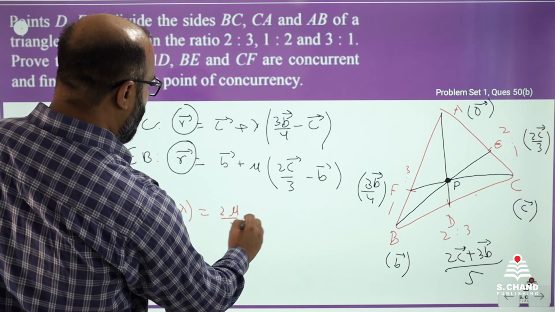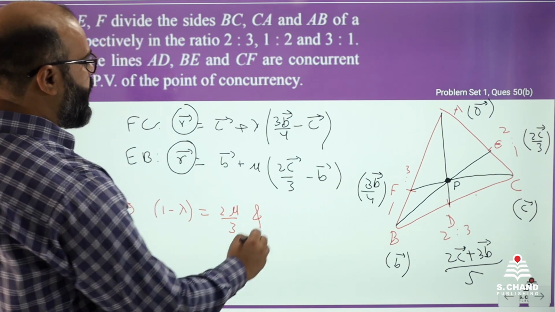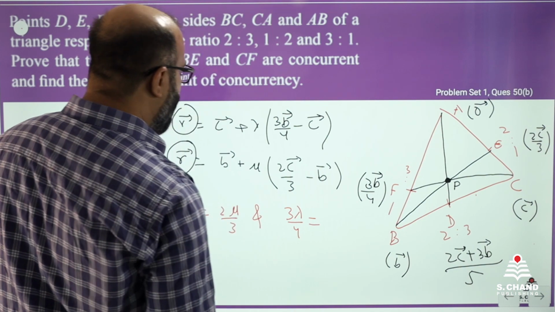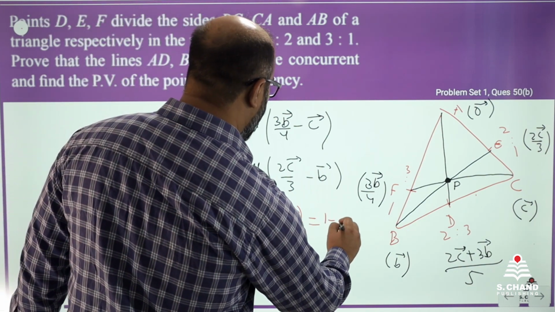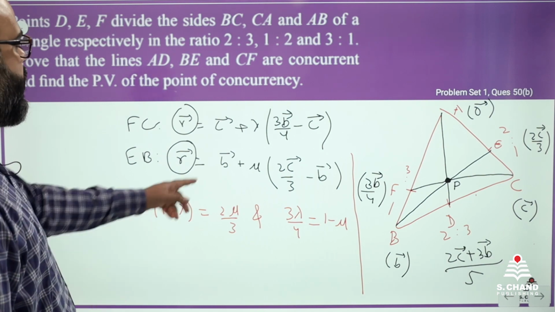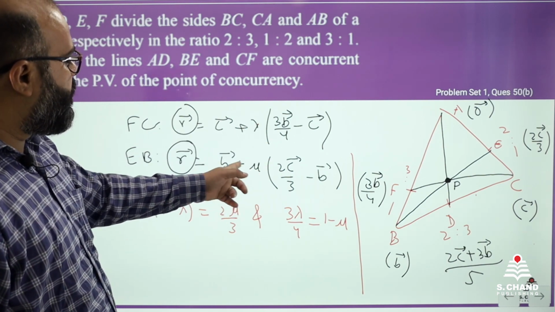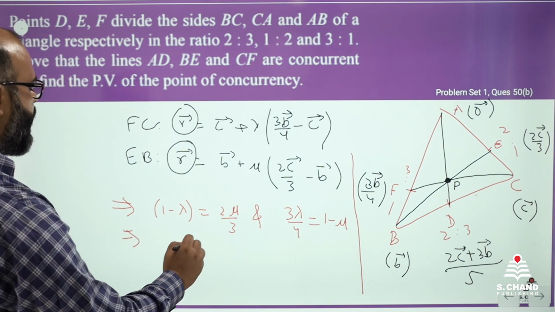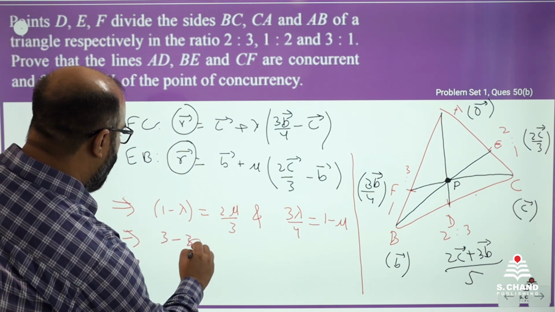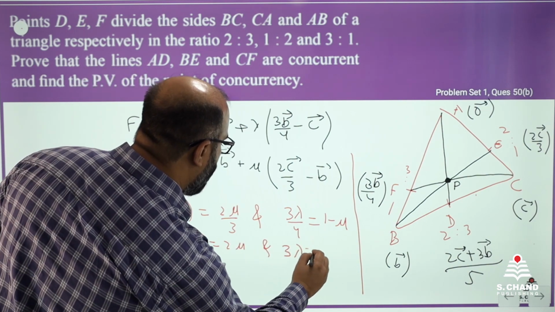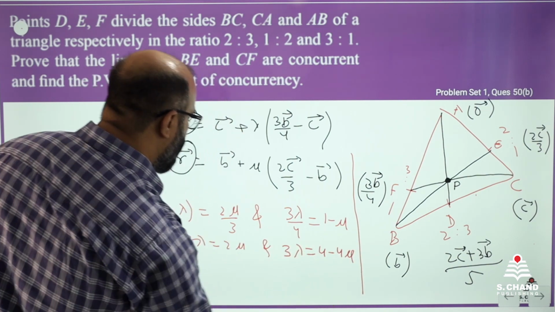And for the coefficient of B, here it is 3 lambda by 4, and here it is 1 minus mu. So when we solve them, from here we get 3 minus 3 lambda is equal to 2 mu, and from here we get 3 lambda is equal to 4 minus 4 mu.